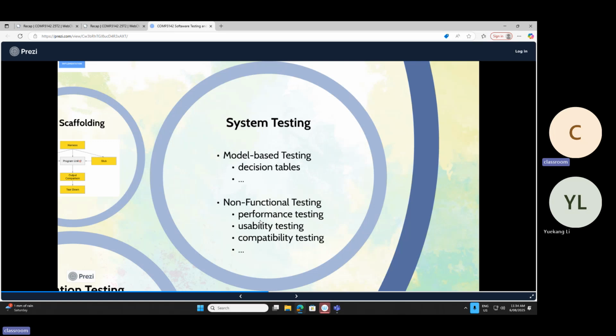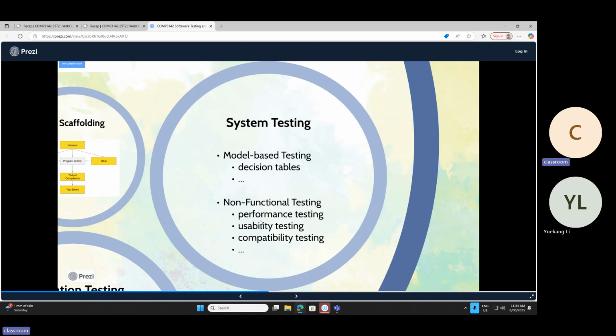And the last level of testing we learned is system testing, which is to test the entire system as a whole. What we learned is there are different types of system testing.